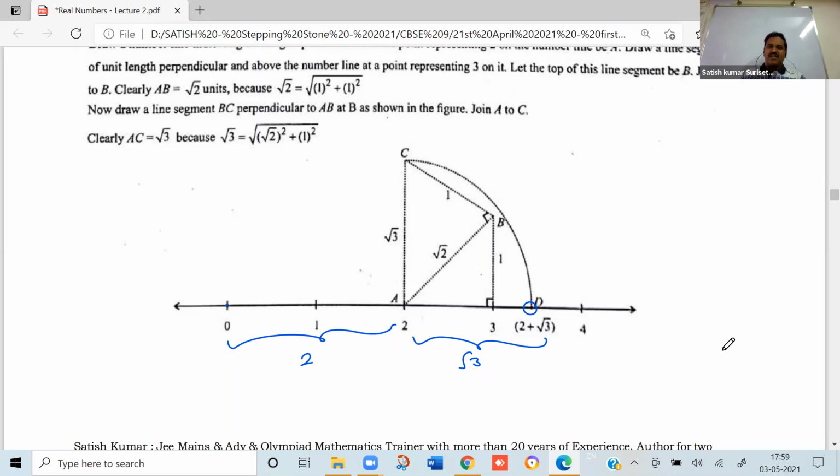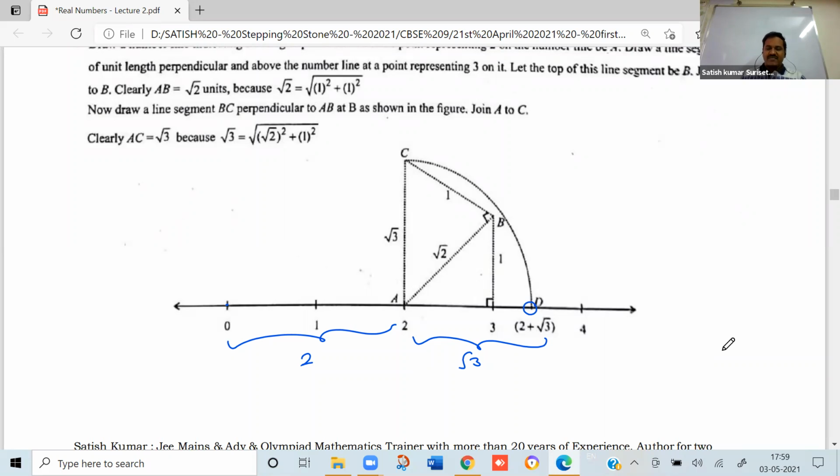Such numbers are called what? Irrational numbers. Third form also we have discussed. And two special irrational numbers we have discussed. What are those? Pi and e are two special irrational numbers. Those are called what? Transcendental numbers.